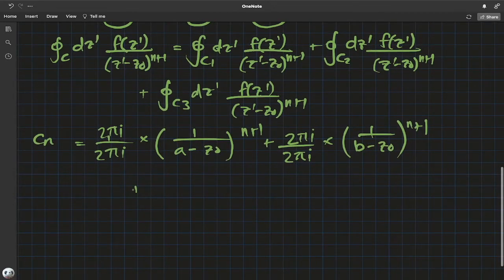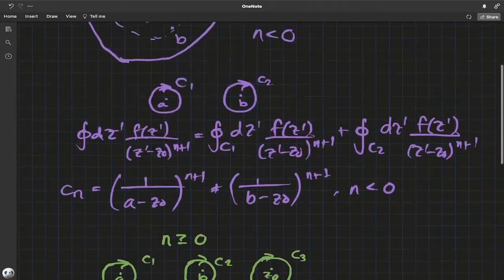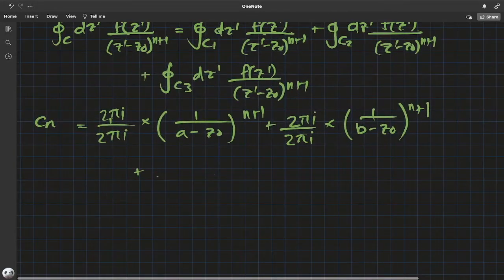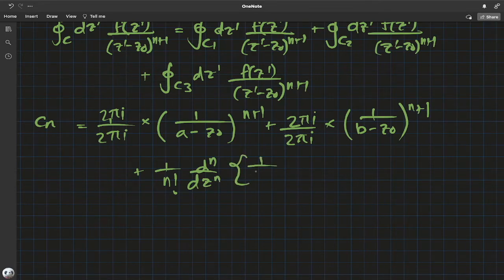Now for C3, notice we're doing a contour integral around z naught. So by the Cauchy integral formula, this will give us 1 over n factorial times the nth derivative, just like for case 1 and case 2, of f of z, which is 1 over z minus a plus 1 over z minus b, at z equal to z naught.